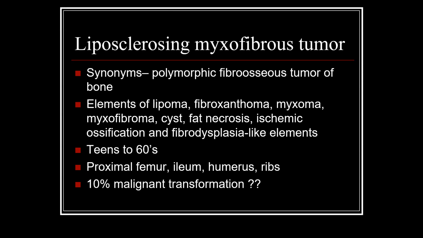There are a few other cases in other locations, and some of the initial studies thought that there might be a malignant transformation. I think most people doubt this, and there's really some genetic indication that this is related to fibrous dysplasia, because it tends to have a similar mutation. And that's kind of the story on this lesion that we'll stand by at this point.